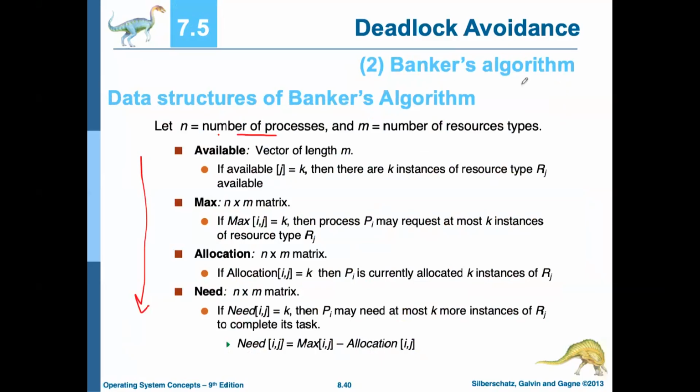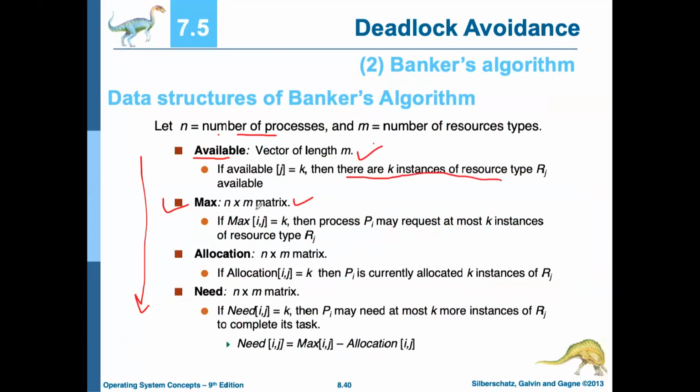Available is a vector of length m. Another variable, Max, is an n times m matrix. For the Available variable, if Available[j] equals k, because this is a vector of length m, then there are k instances of resource type Rj available.